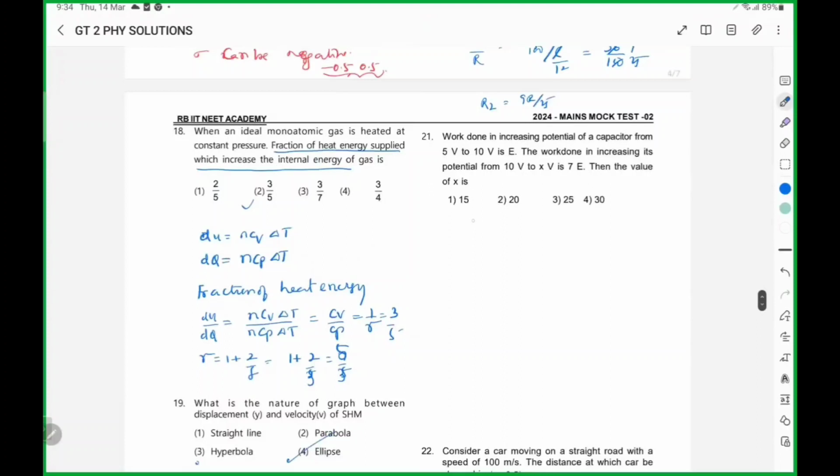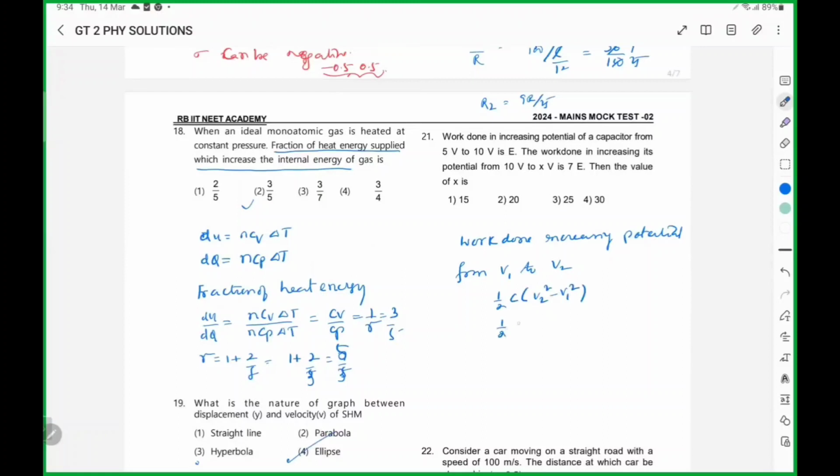Here, work done in increasing potential from V1 to V2 is half C into V2 square minus V1 square.